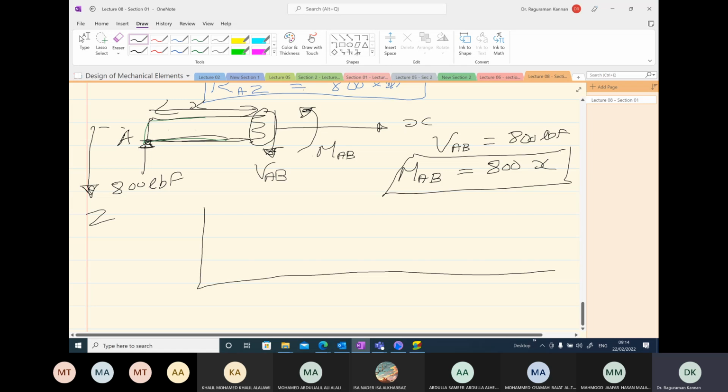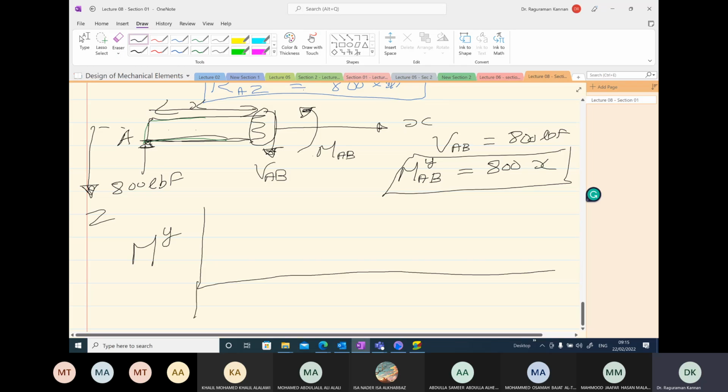Now you have to be careful here. The bending moment we are calculating here is about a certain axis. What is the axis? Y. So I'm going to put Y on top of here because we are calculating bending moment about Y axis.